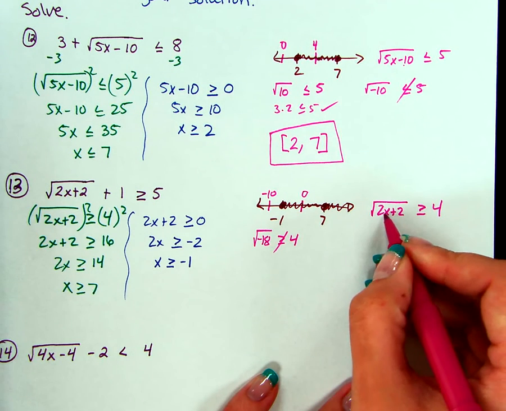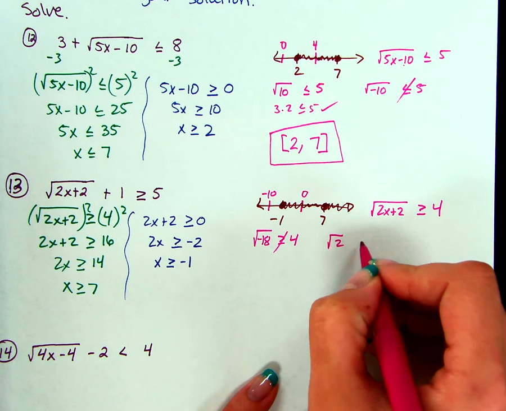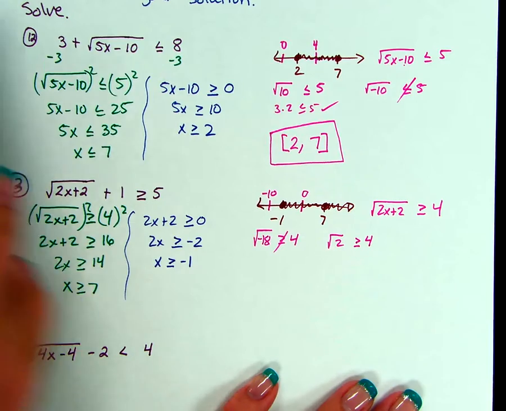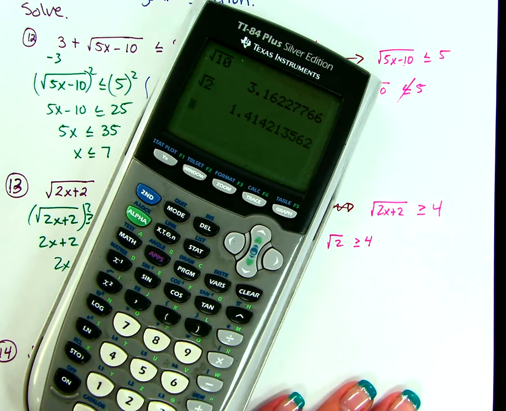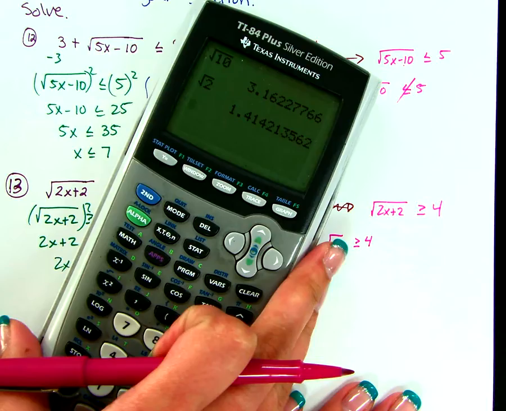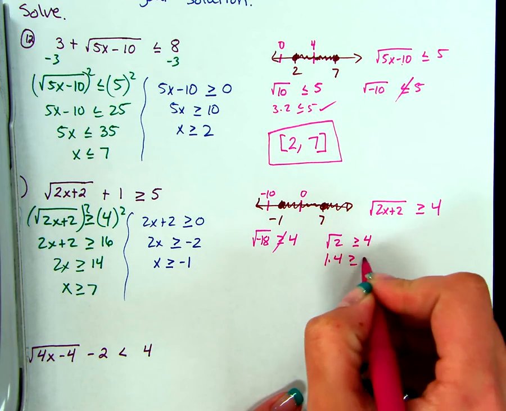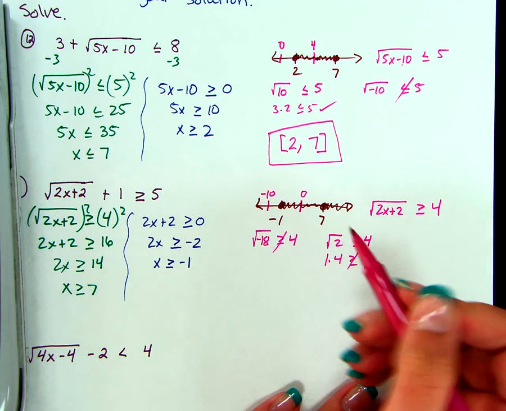If I substitute 0 in, we are left with the square root of 2 greater than or equal to 4. Using the calculator, the square root of 2 is approximately 1.4. 1.4 is not greater than 4, so I can't include anything in between those two.